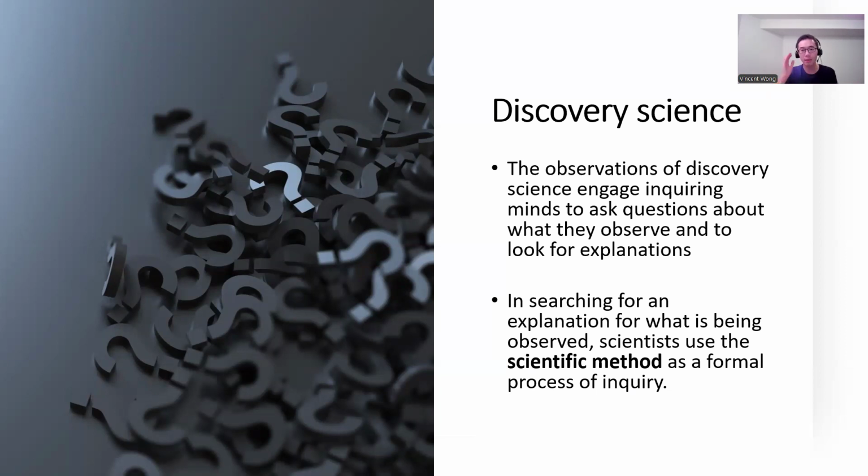Now, once we have these generalizations, if possible, people would want to take it a step further and test those generalizations. They want to come up with a way to test these generalizations to see whether they're true or not, and that involves what we call the scientific method.